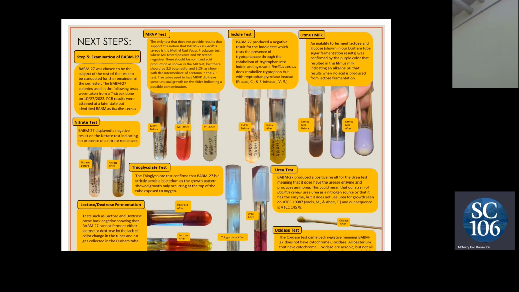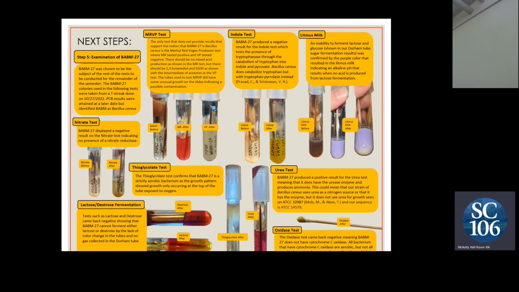And our oxidase test came back negative, meaning that our bacteria does not have cytochrome C oxidase, which is also quite interesting considering that all bacteria containing the cytochrome C oxidase enzyme are aerobic, but not all aerobic bacteria contain this enzyme.